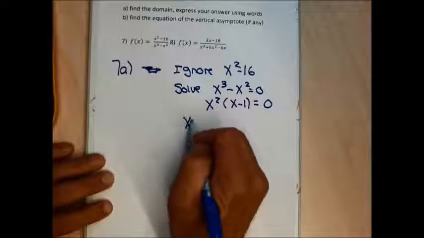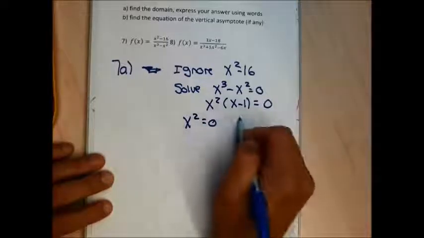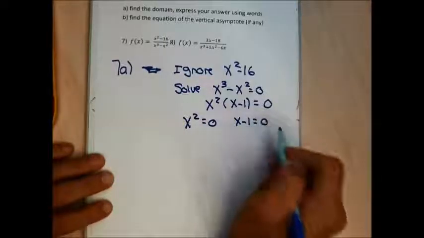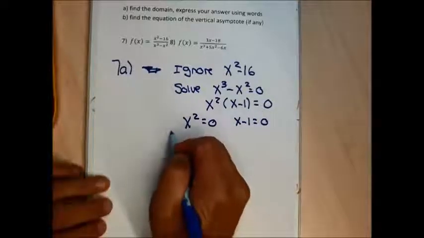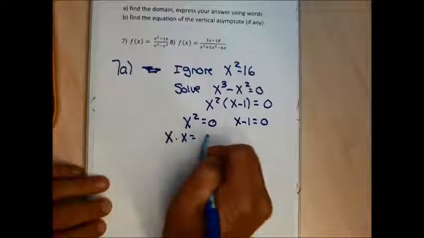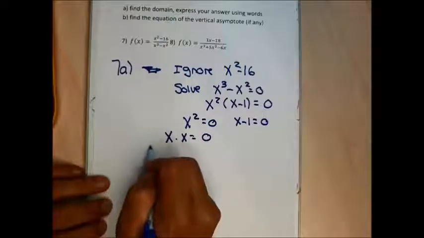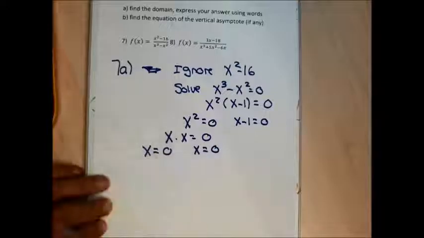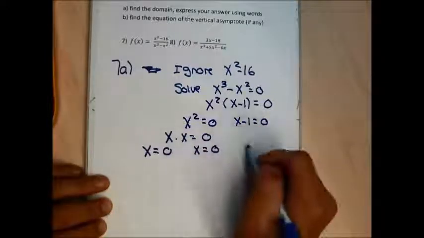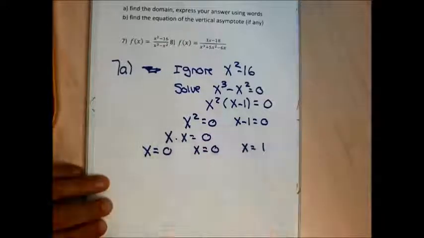Then I'm going to set x squared equal to 0 and x minus 1 equal to 0. For x squared equal to 0, this is really x times x equal to 0, so I can solve that by setting each of the factors equal to 0. So x equals 0. For x minus 1 equal to 0, I add 1 to both sides and get x equal to 1.